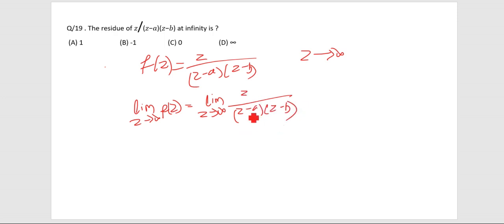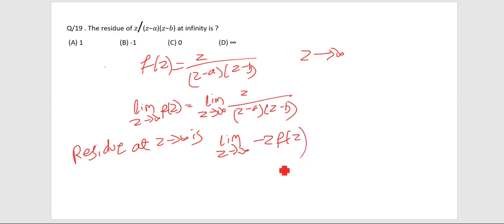So its formula to find the residue at z tends to infinity is limit z tends to infinity of minus z into f of z.